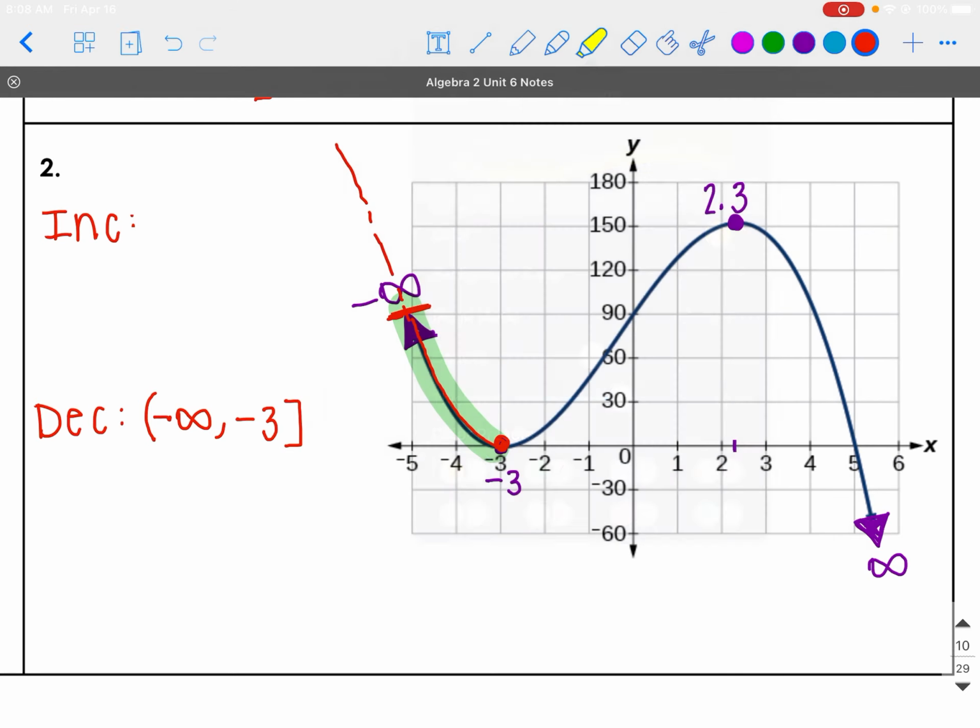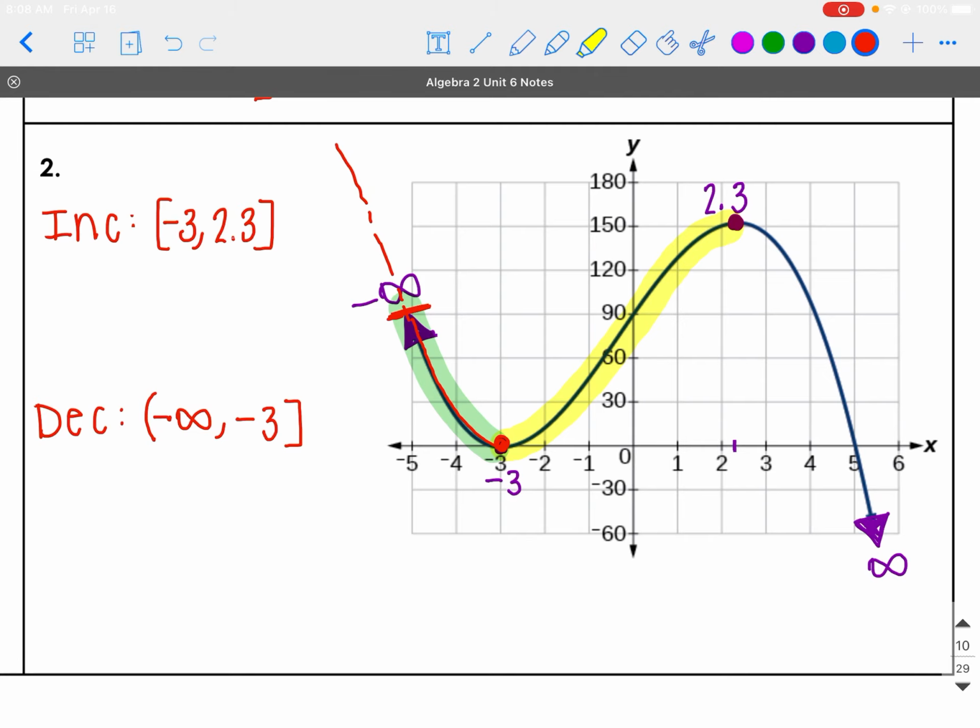Once we get to the bottom, we have to start marching uphill. So we go up, up, up, until we hit 2.3. So we are increasing from -3 to 2.3.